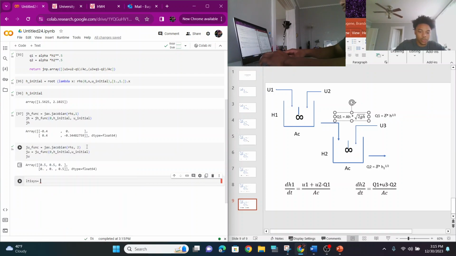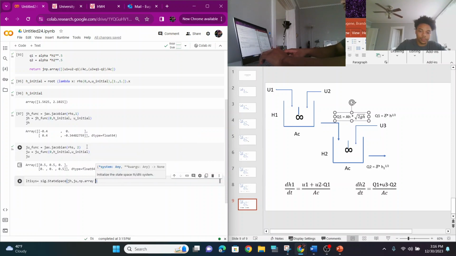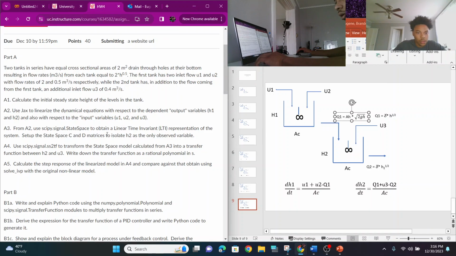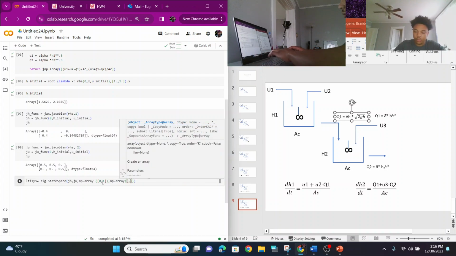It's going to be equal to sig.StateSpace for JH, JU, and then we're going to put that into an array for 0, 1. Are we doing 0, 1? Because we're trying to isolate H2. That makes sense. Gotcha. And then comma, array 0, 0, 0.